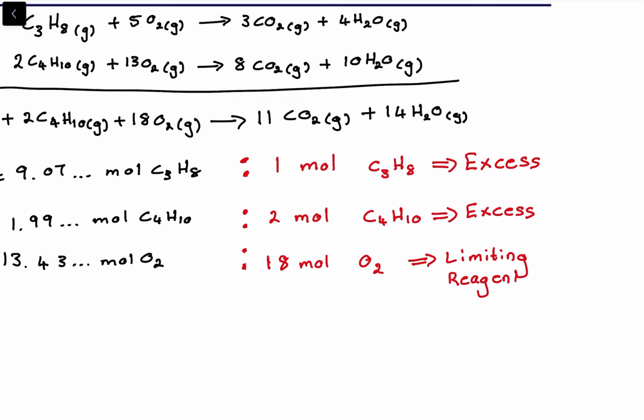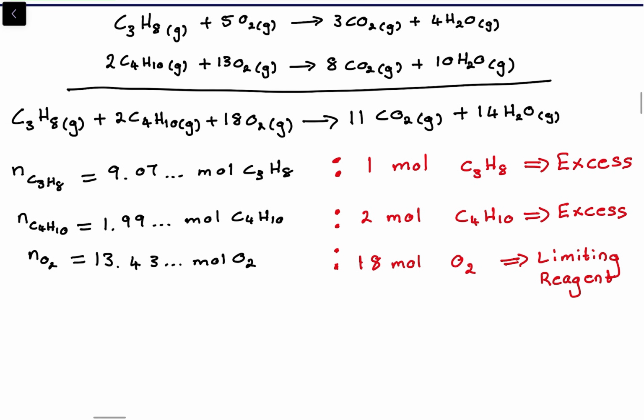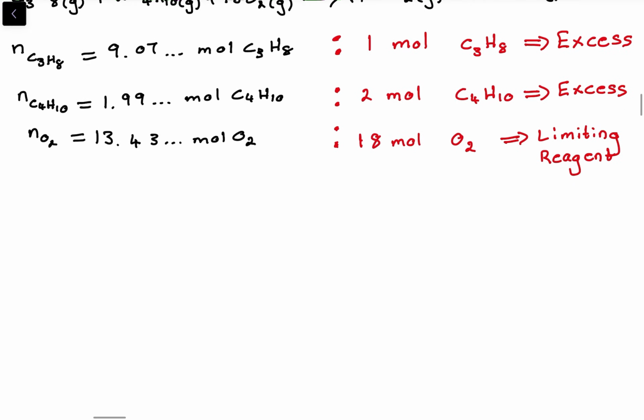It's our limiting reagent. And you can do this by formal calculation. Something that would be useful to do, for example, is just calculate how much butane 13.43 mole of oxygen will react with, and then you just show it's going to be less than 1.99 moles, and hence oxygen must be limiting.